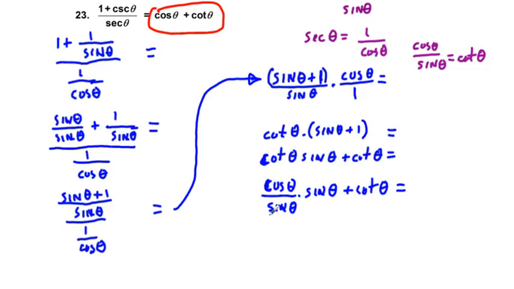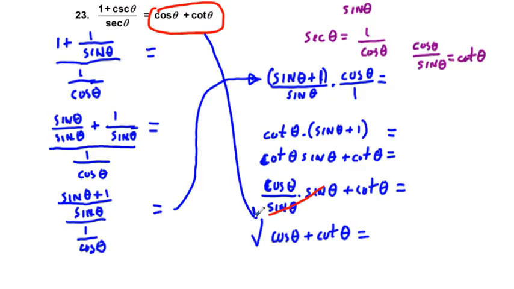This sine theta over sine theta cancel each other to equal 1. And then what we have left is cosine theta plus cotangent theta. So check. Our left side we've manipulated to equal our right side. They are now equal. So we have verified this identity.